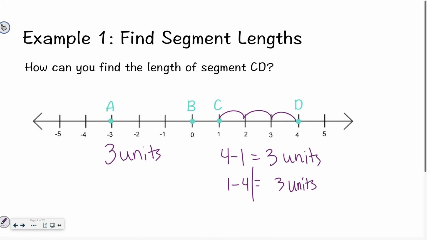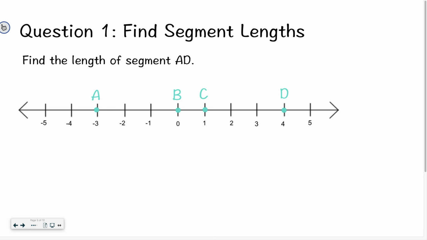And the way that we would write that is using absolute value, if you remember that. So no matter what, distance has to be positive. Go ahead and solve this one on your own. Hopefully you ended up with 7 units. If not, please be sure to reach out for some help.